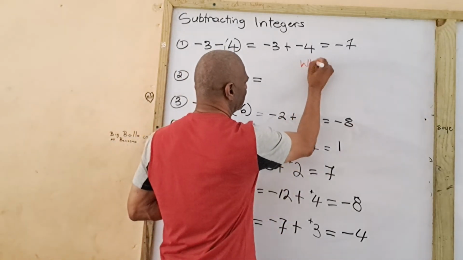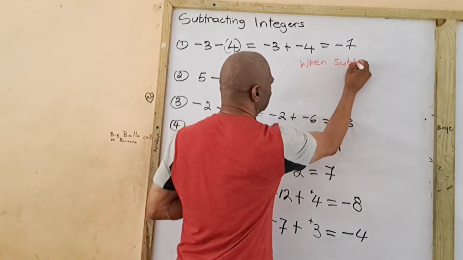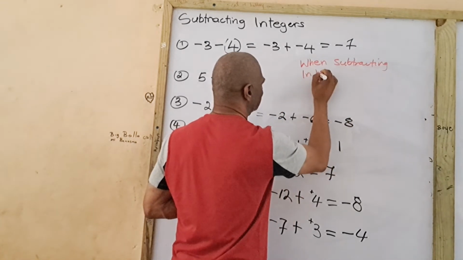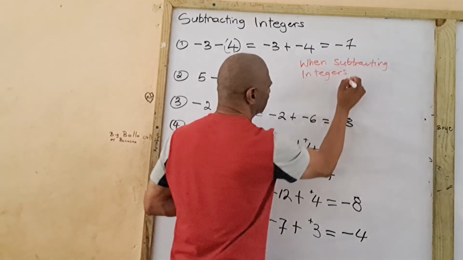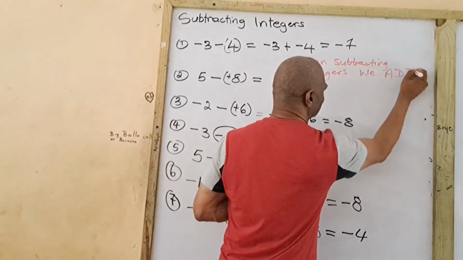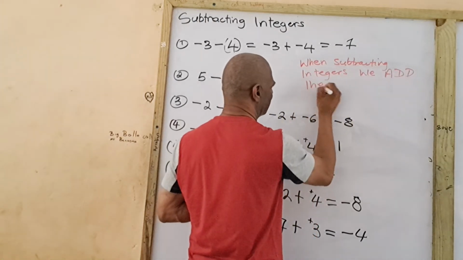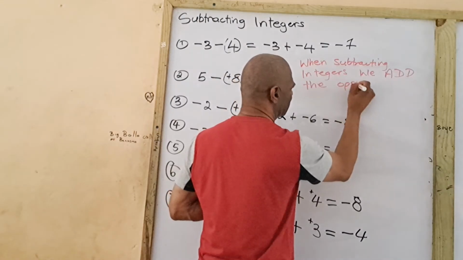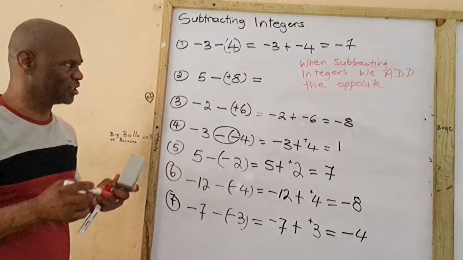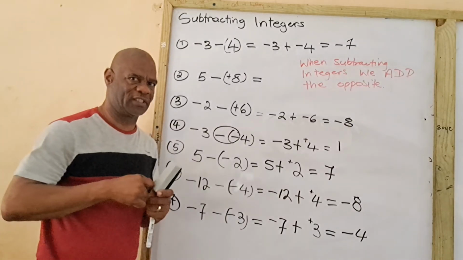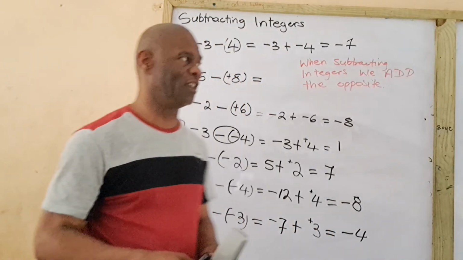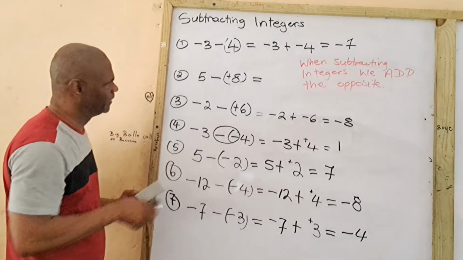So when subtracting integers, we add the opposite. Right? So when subtracting integers, we add the opposite. Again, when we are subtracting integers, we add the opposite. Alright, so remember that. Okay?